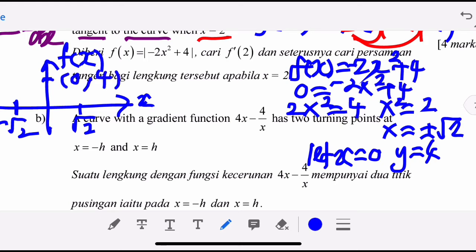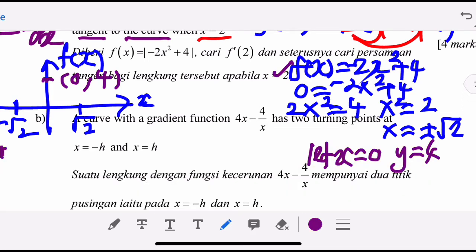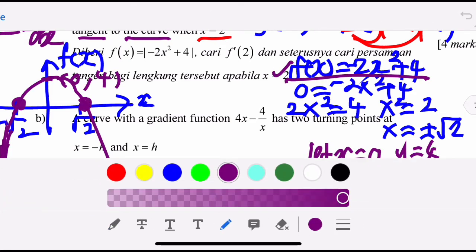So basically if you sketch this function without modulus, it looks like this. I just sketch for you, I change the color. It's like this, an N shape, right? So this is the graph for this function. But now we are having modulus, don't forget. So I'm going to change it to modulus.